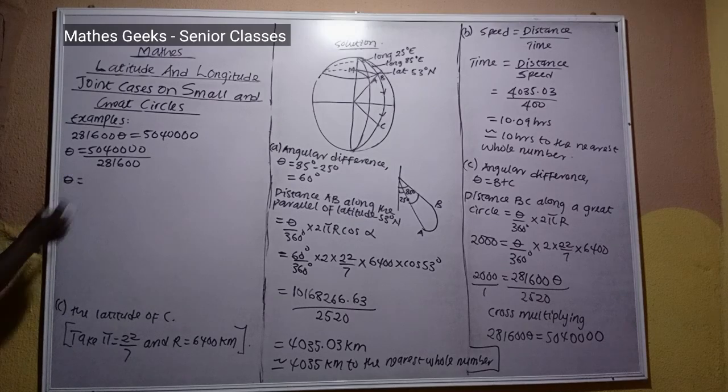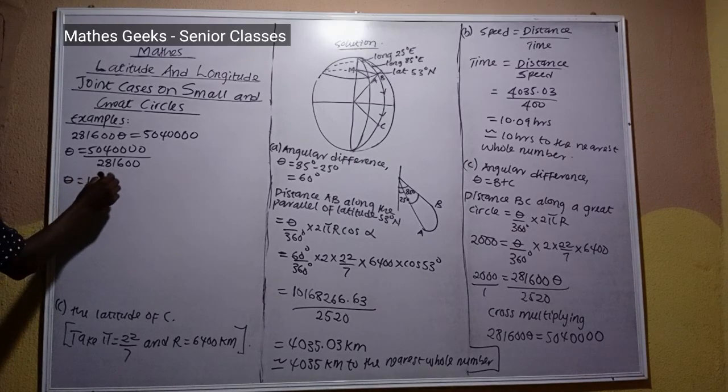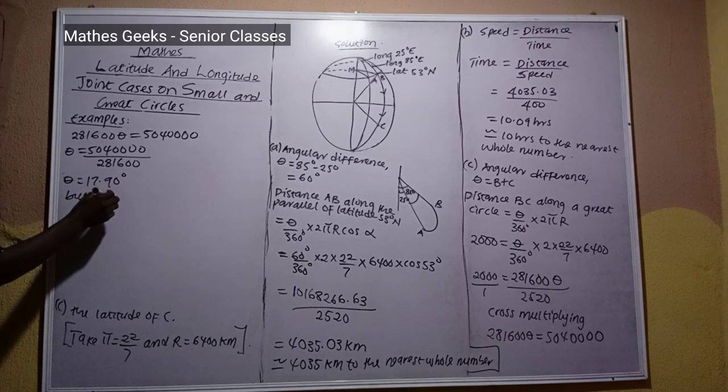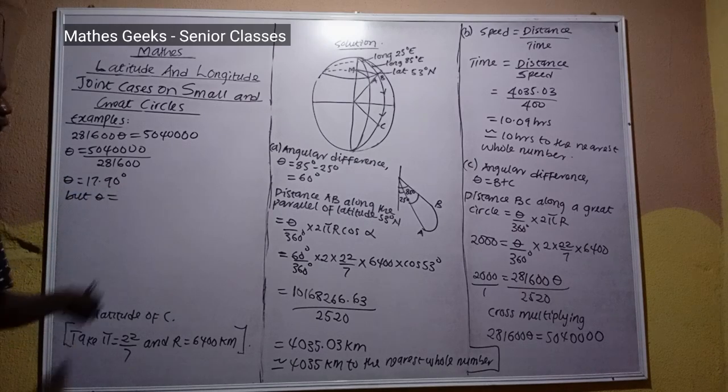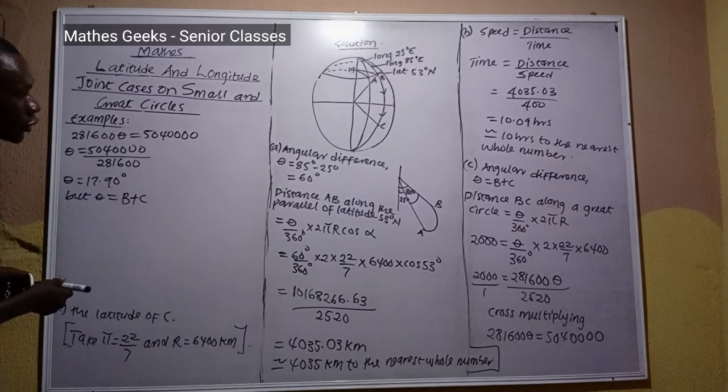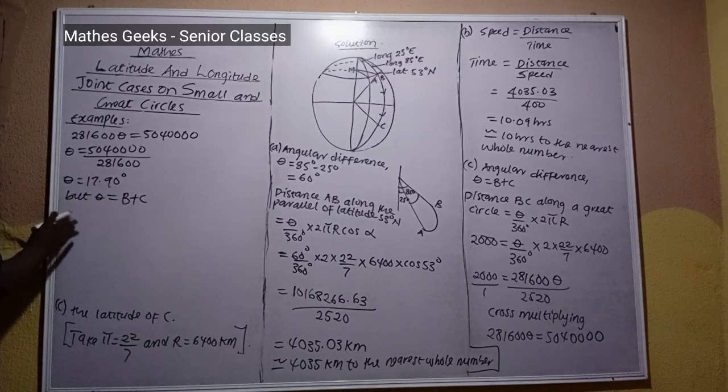So theta is equal to 17.90 degrees. But theta is equal to B plus C.